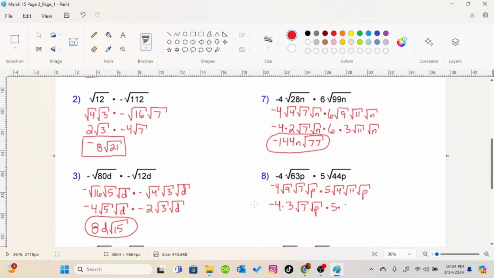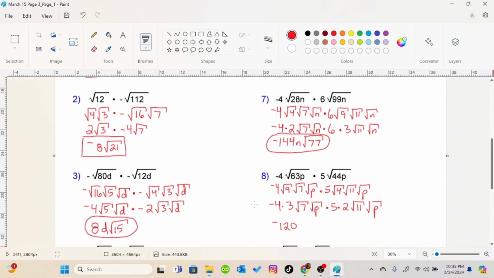The square root of 4 is 2. Negative 4 times 3 is negative 12. Negative 12 times 5 is negative 60. And negative 60 times 2 is negative 120.